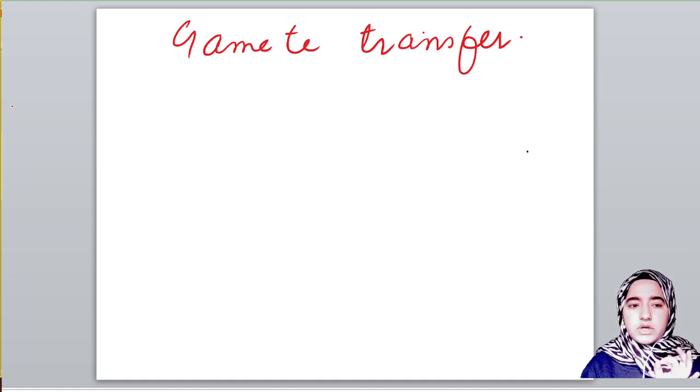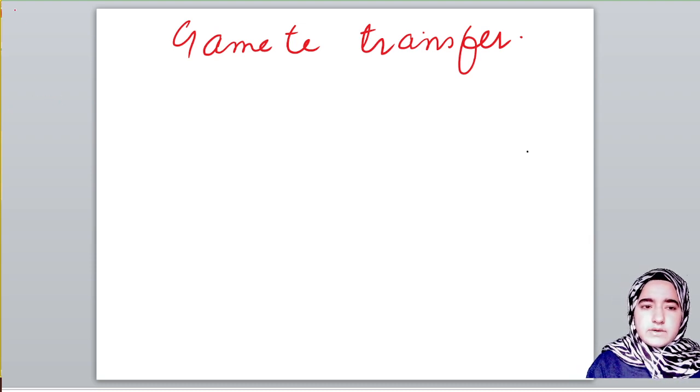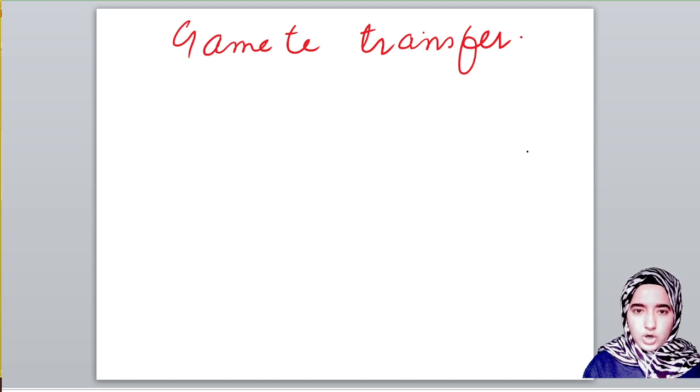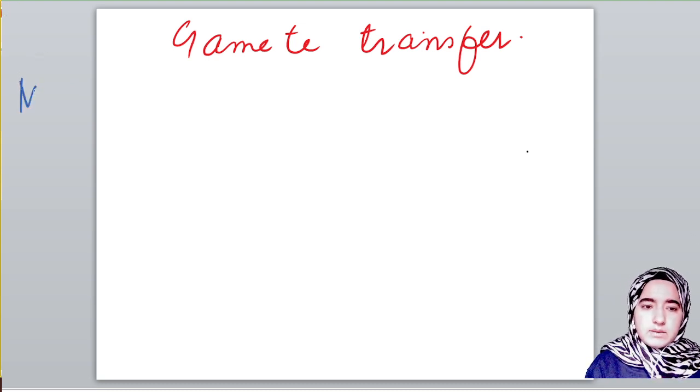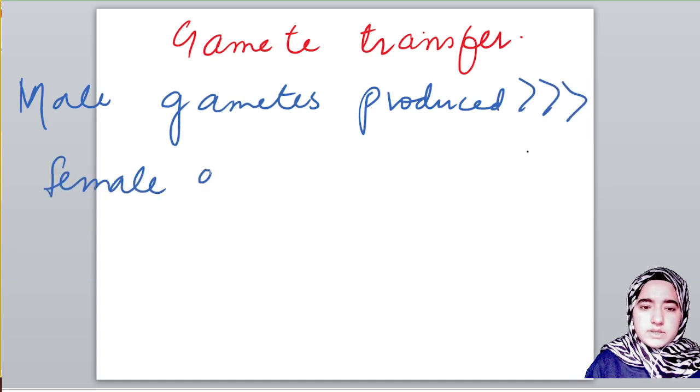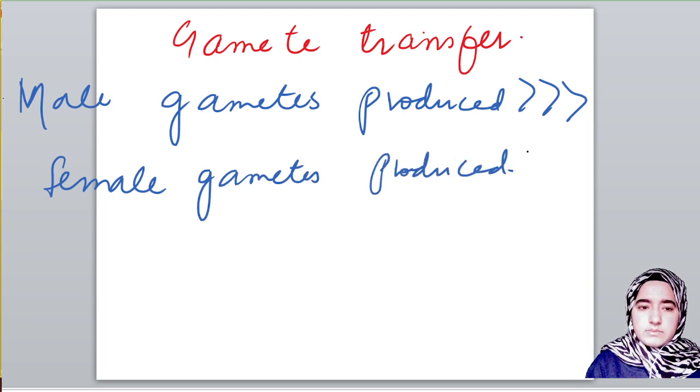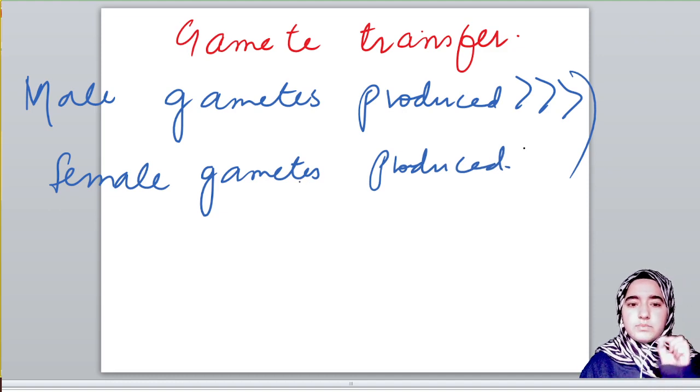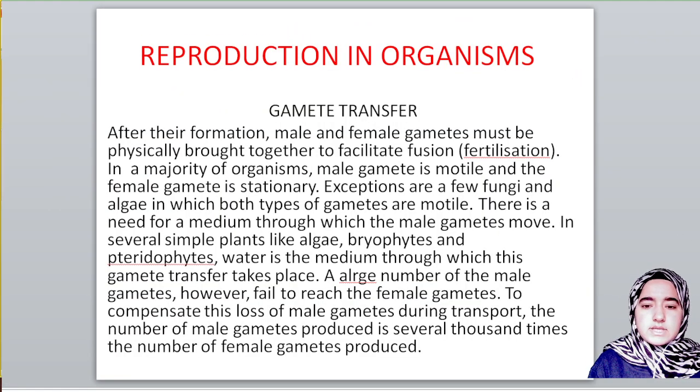But whether fertilization takes place inside the body or outside the body, you will see that the male gametes produced are much larger in number than the female gametes produced. Please remember, male gametes produced are much larger in number than the female gametes produced.